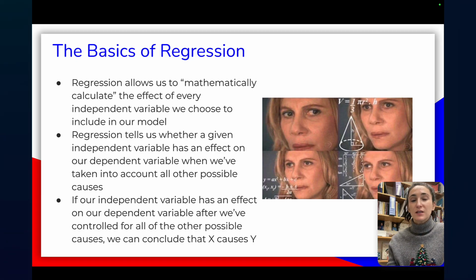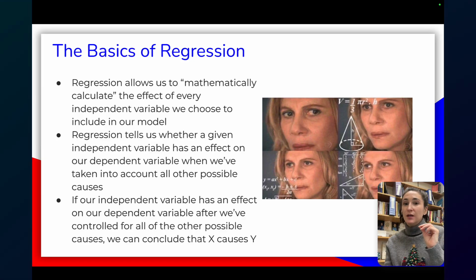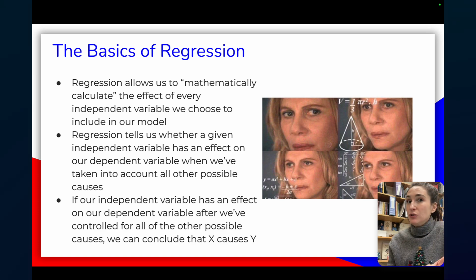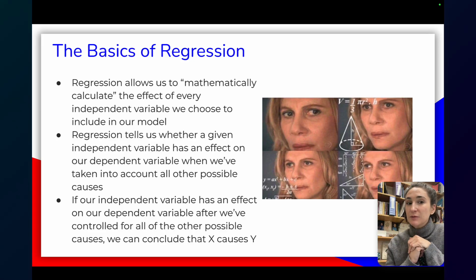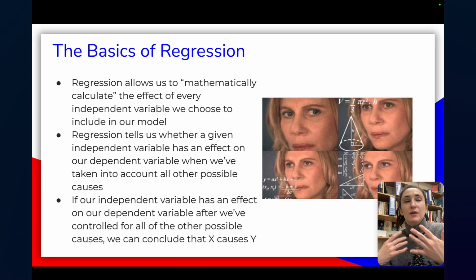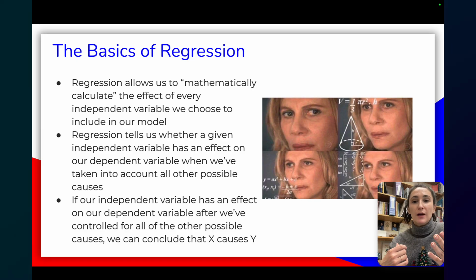Regression allows us to clear those hurdles because we're controlling for all of the other possible explanations. That being said, if you're excluding some possible explanations, your regression might go awry. But in any case, if you're controlling for all other reasonable explanations for variation in that dependent variable, then we can say that X causes Y.